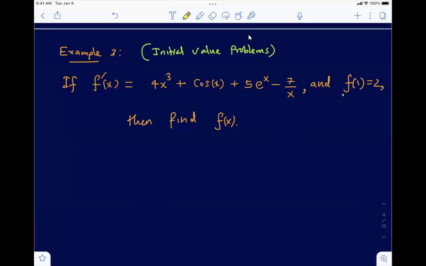And then there is an additional condition called an initial condition. The purpose of this initial condition is to give an extra opportunity for us to evaluate that constant plus c at the end.